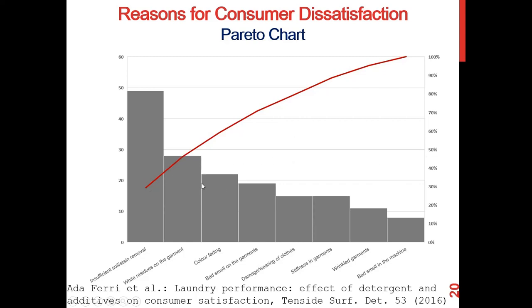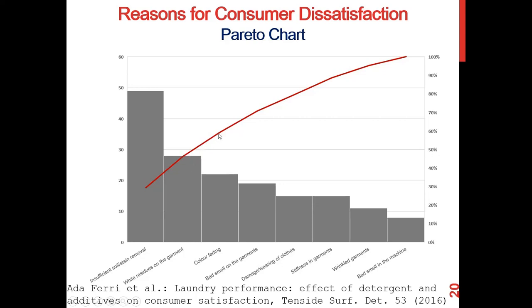So this curve actually gives me what is known as cumulative percentage. Okay, we go on accumulating. So 28% of people had the first reason, then around 20% of people had the second reason. So the total proportion of people who are unhappy is around 48%. So this point is around 48%.